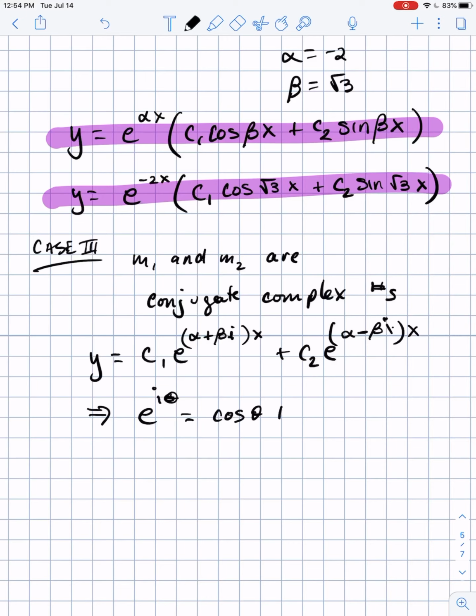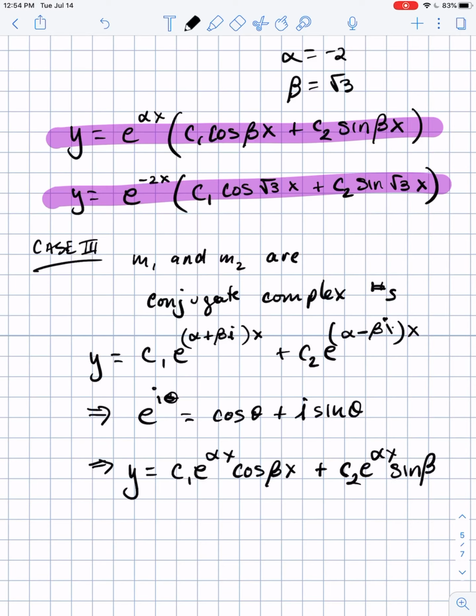If you go back to pre-calc, I don't even know if they teach that anymore, after you simplify and do all this substitution and plugging in, I'm not going to waste time with that. You get e to the alpha x cosine beta x plus c2 e to the alpha x sine beta x.